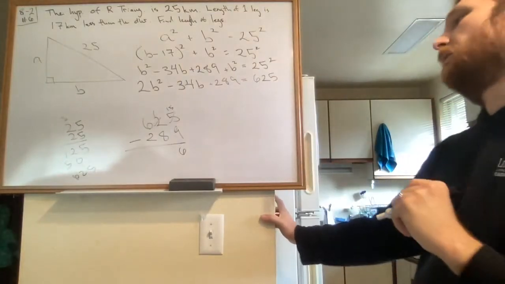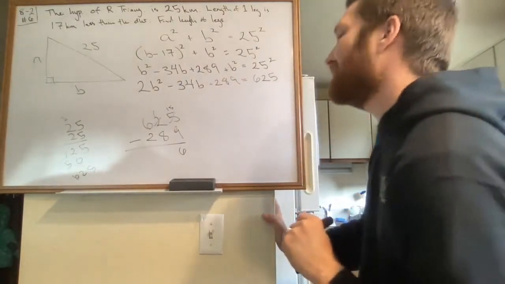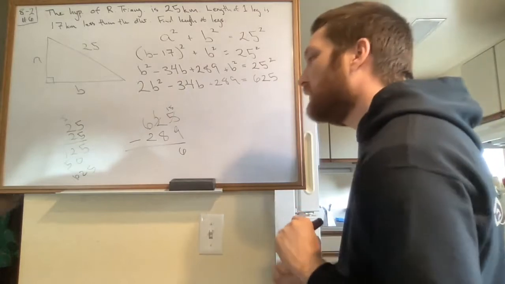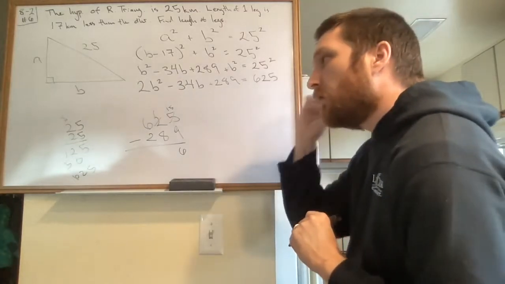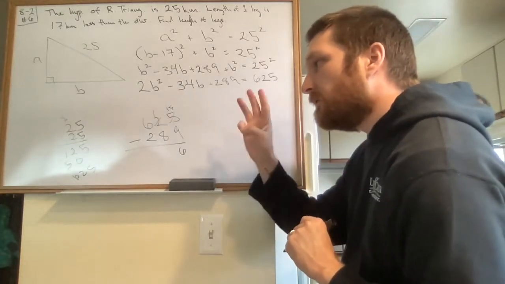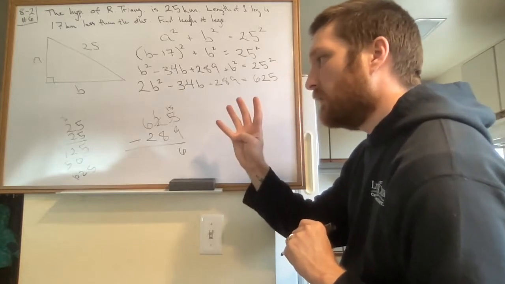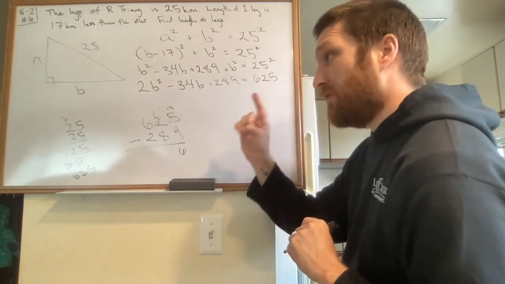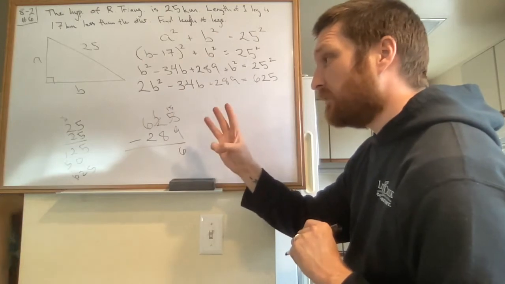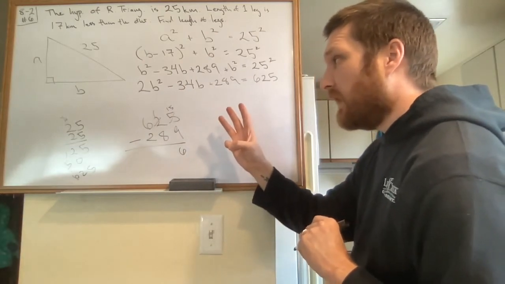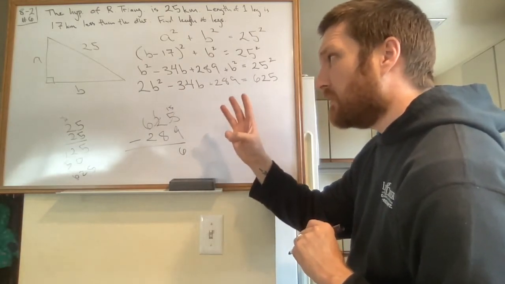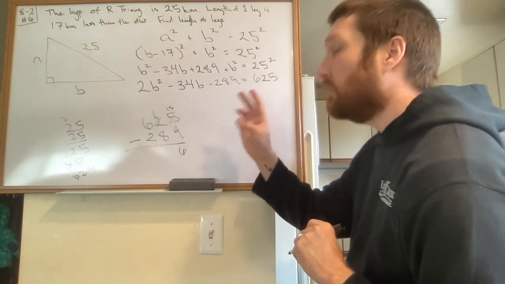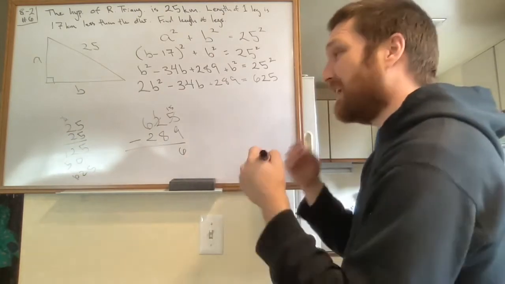And now, 28 up to 61. 28, 38, 48, 58 would be 30, and then another 3 to get to 61.